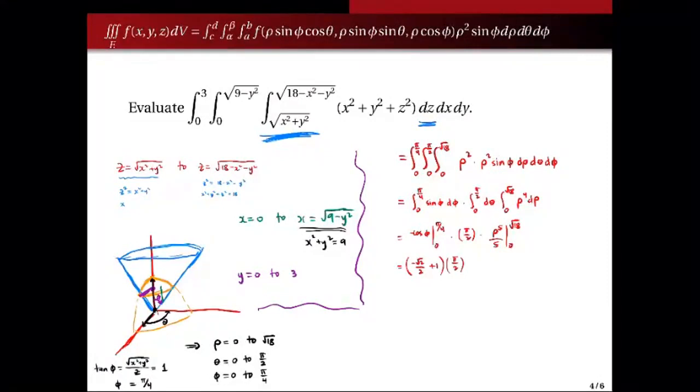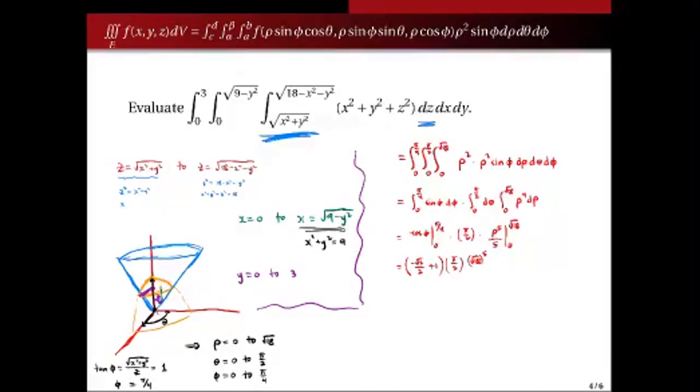Then in here, we will have fifth power of square root of 18. And what is that? Square root of 18, that's 3 square root of 2. Anyway, let's just write this as square root of 18 raised to 5 over 5.